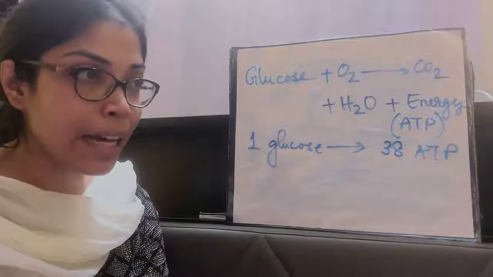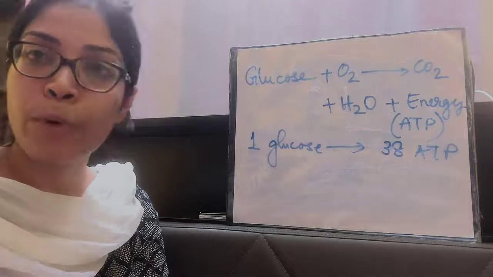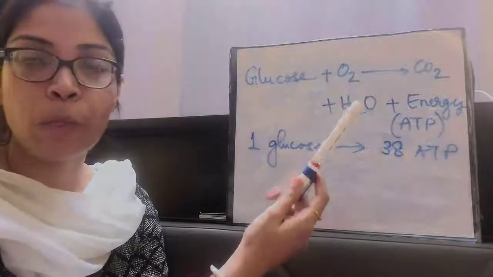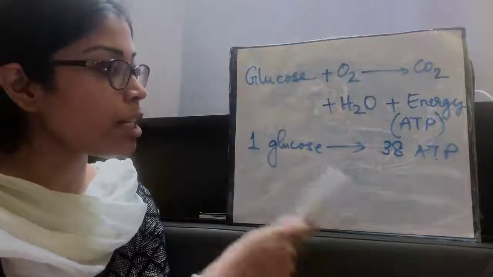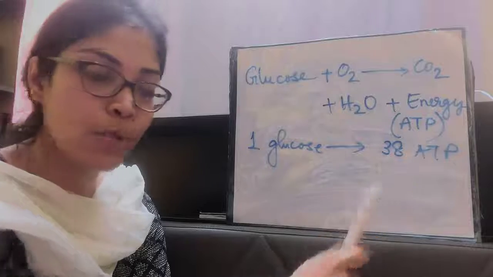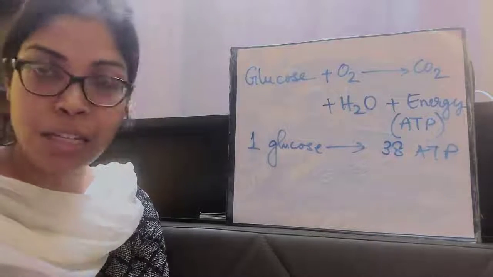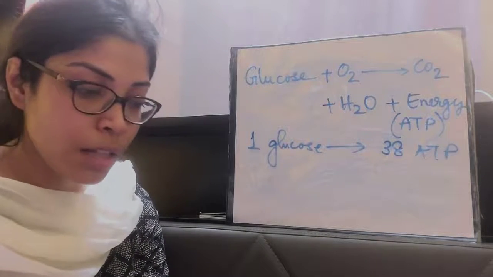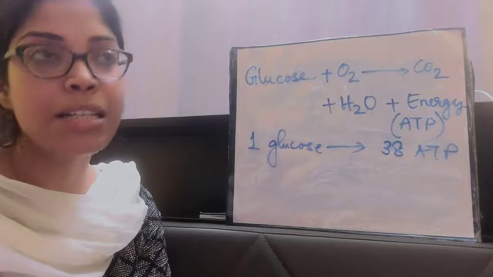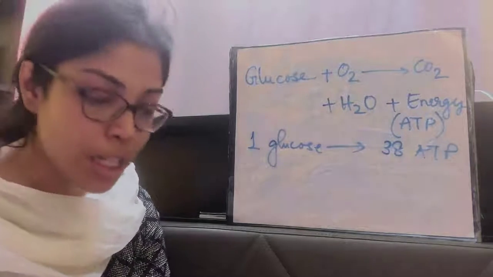Along with ATP, two byproducts are also formed, which are carbon dioxide and water. I have also said that one molecule of glucose produces 38 molecules of ATP. I hope these parts are clear, and also the location of respiration in plant cells is partially in cytoplasm and partially in mitochondria.